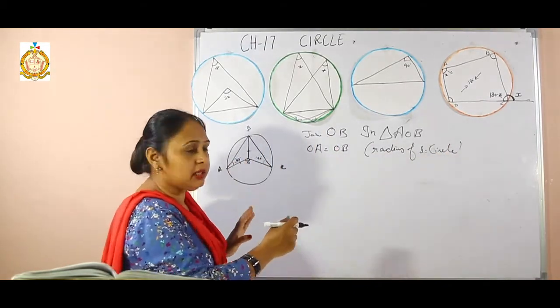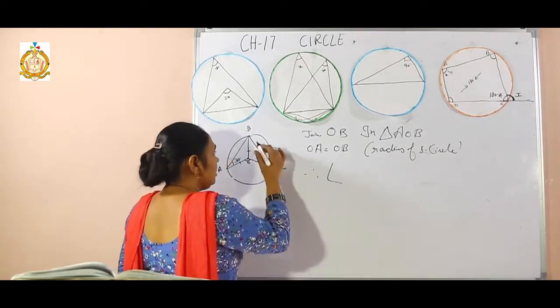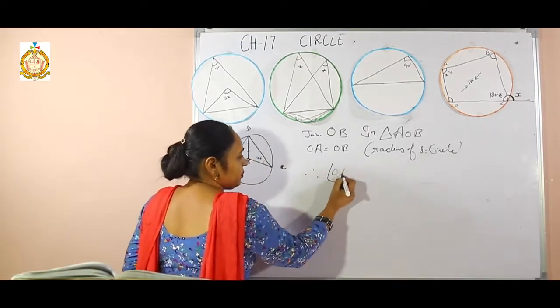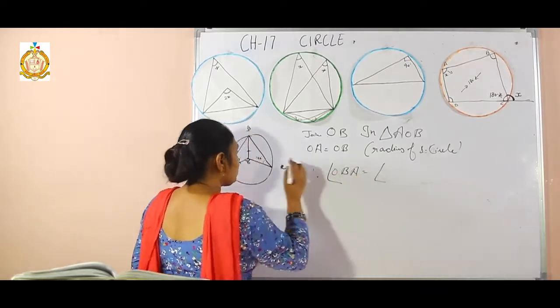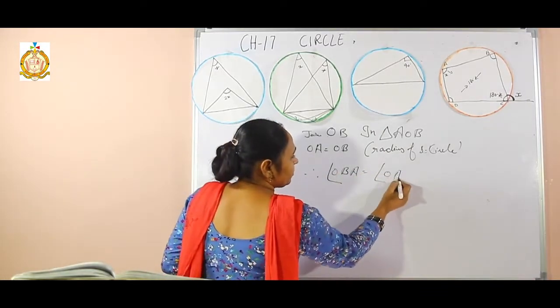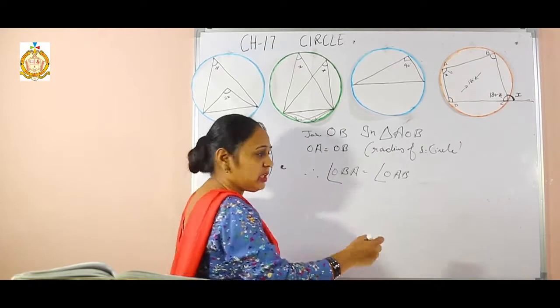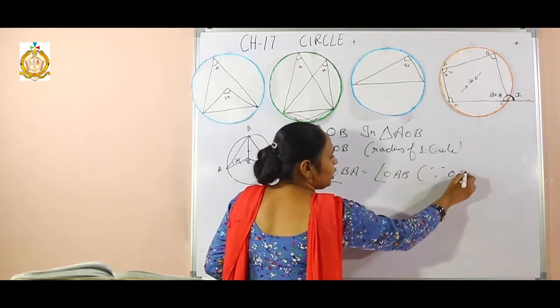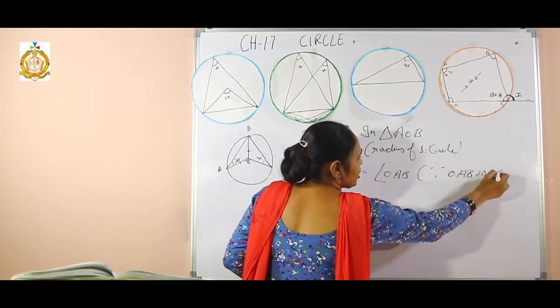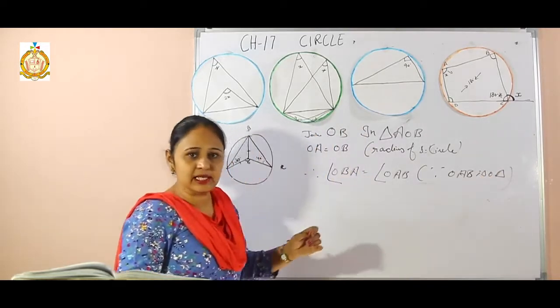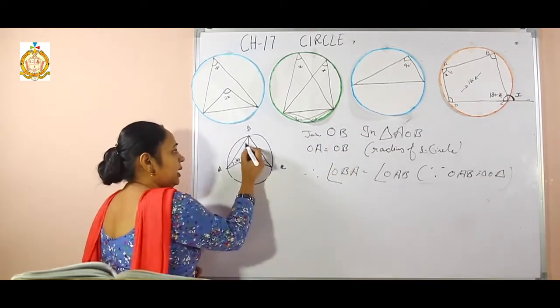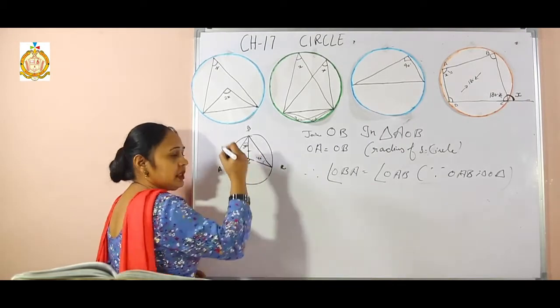Now, isosceles triangle, therefore angle OBA will be equal to angle OAB. Now why? We have to give the reason: triangle OAB is an isosceles triangle, and the base angles are equal. That means this angle also becomes 30 degrees.